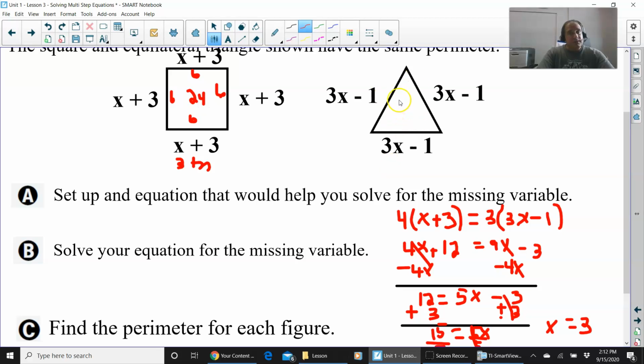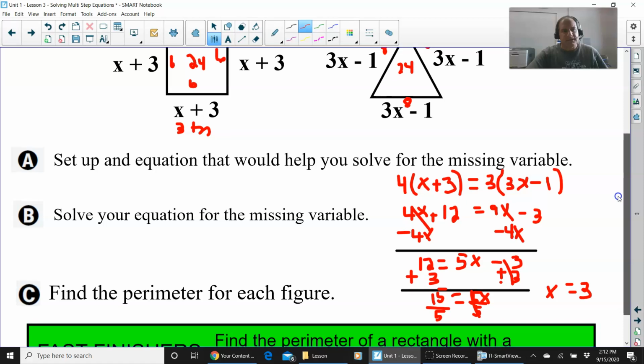This perimeter should be 24 because they said that the perimeters were equal. But let's try it out. 3 times 3, because x is 3, we're substituting in. So 9 minus 1 is 8. 8 and 8. And yes, it works out. So the perimeter of both are 24. And that's basically how you do it.